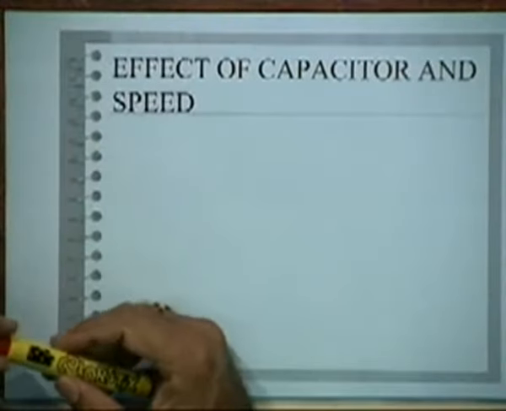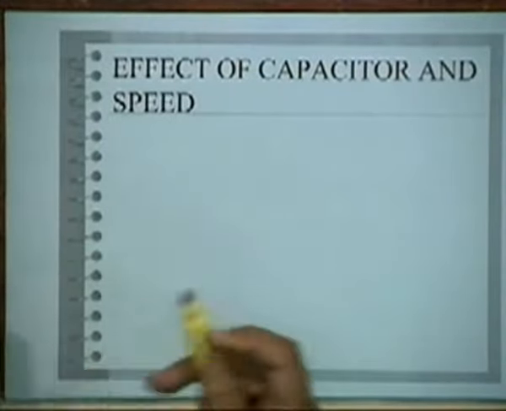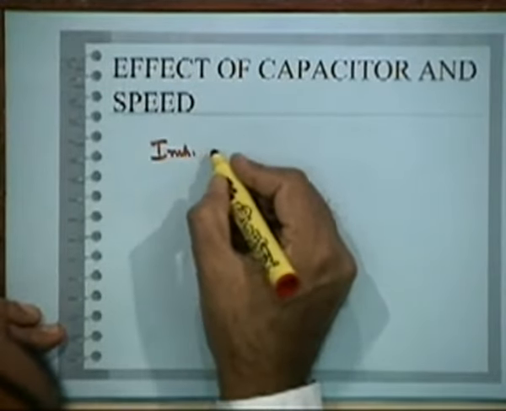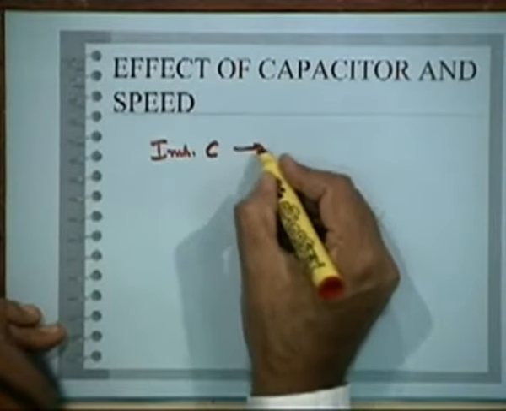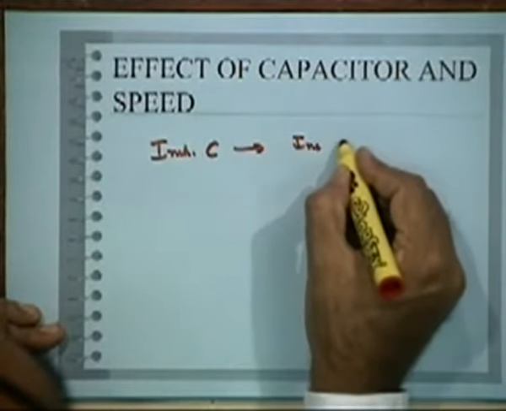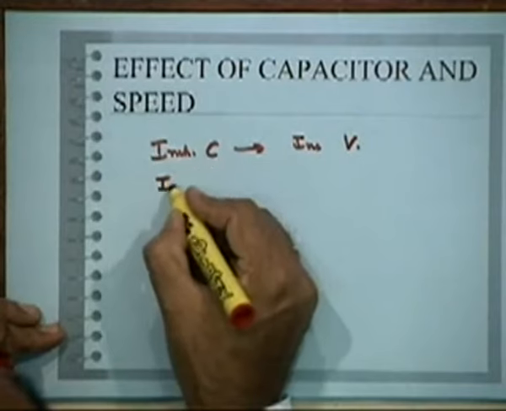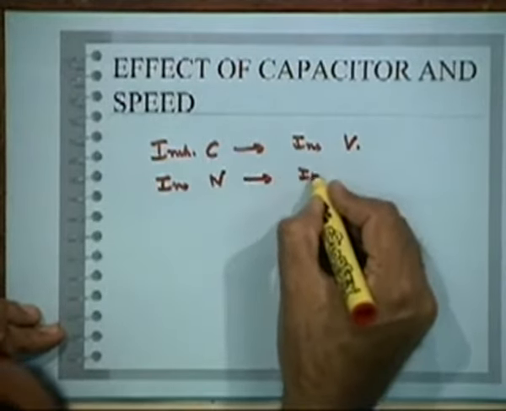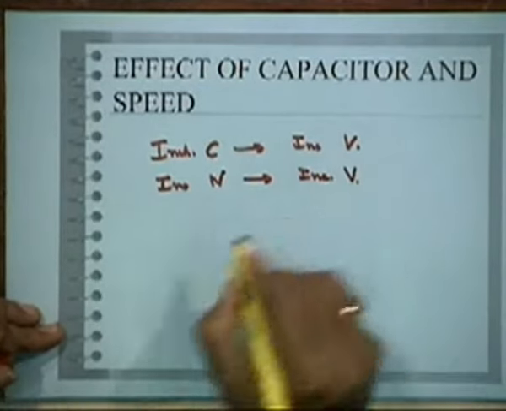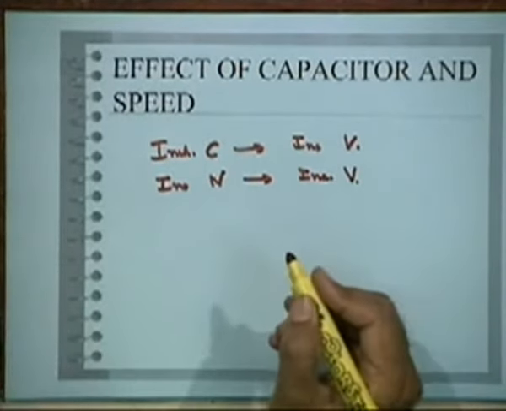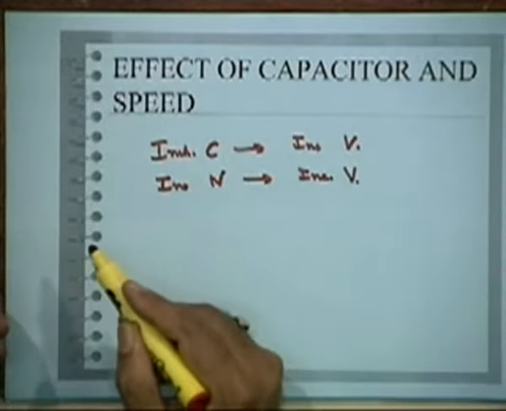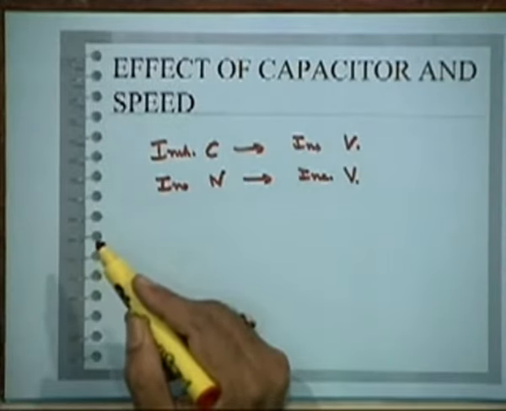So we have seen the effect of capacitor and speed. Increase in C means increase in V, and similarly increase in speed N means there will be an increase in voltage. So these are the observations we can make qualitatively: effect of capacitor and effect of speed, okay.